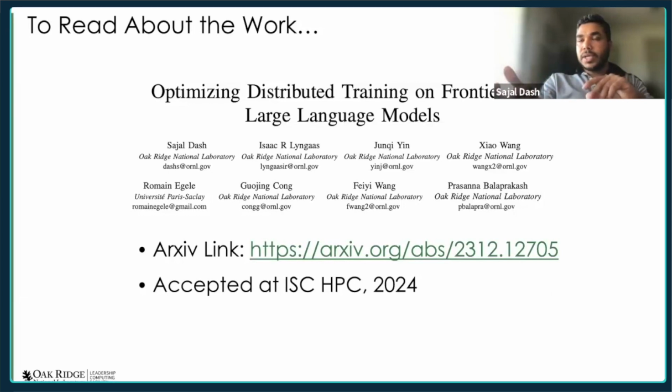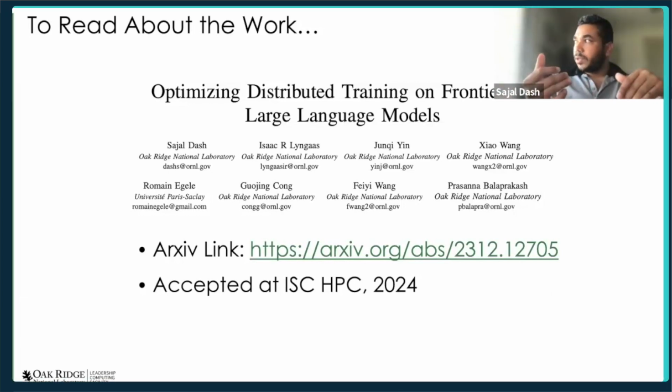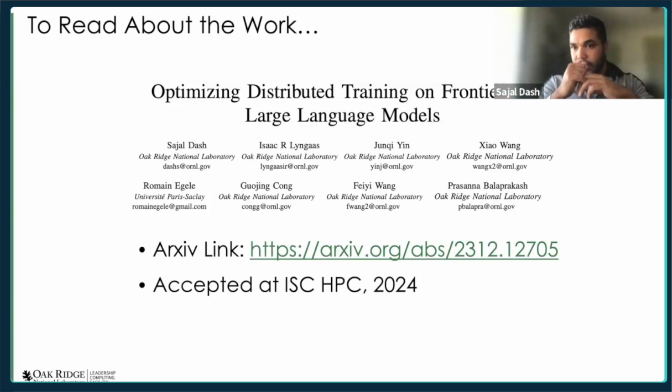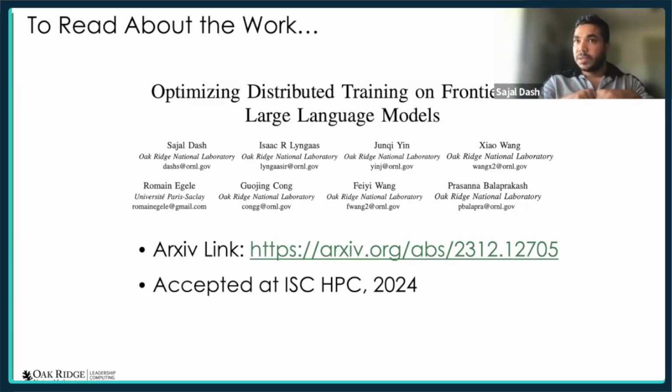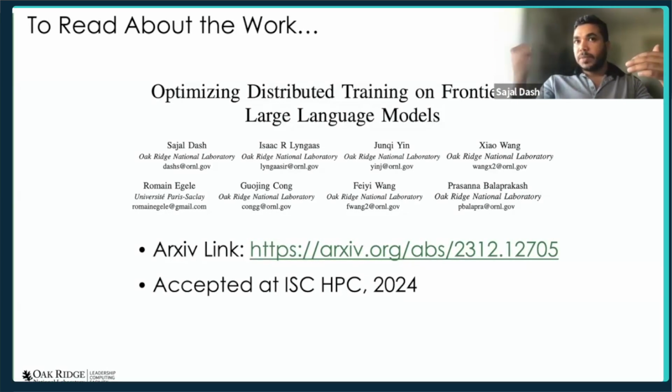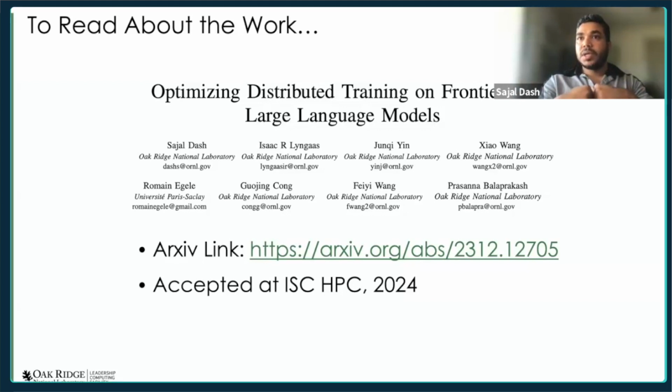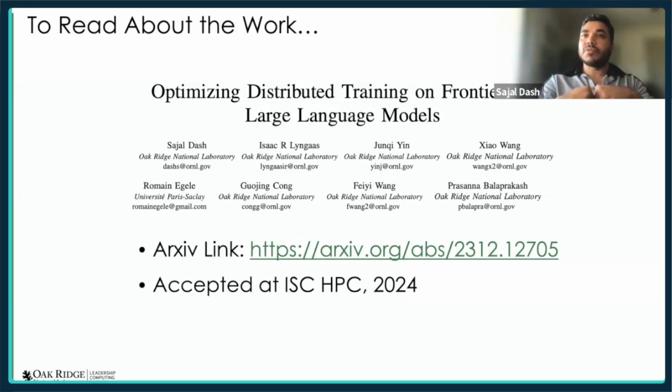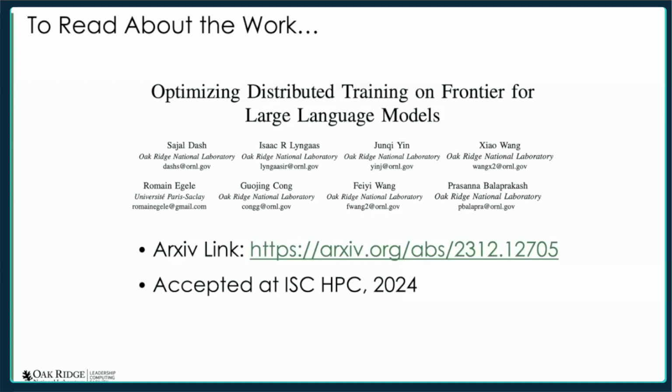But for our case, because we have AMD-powered supercomputers, we don't have the cloud, and I don't have the cost breakdown of that because we get to use it by node hour. But from that paper, where we evaluated cloud versus the supercomputer, it showed that the costs are comparable.